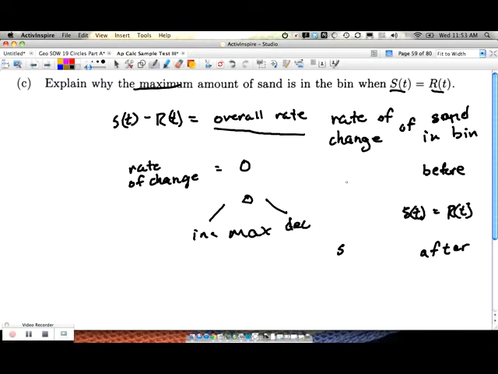S of t minus R of t is greater than 0 before, and then after, S of t minus R of t is less than 0. It's positive before, negative after, therefore it is a maximum. I didn't write that out in formal sentences, and you guys should, but I'm just trying to give you the idea of how to interpret it.